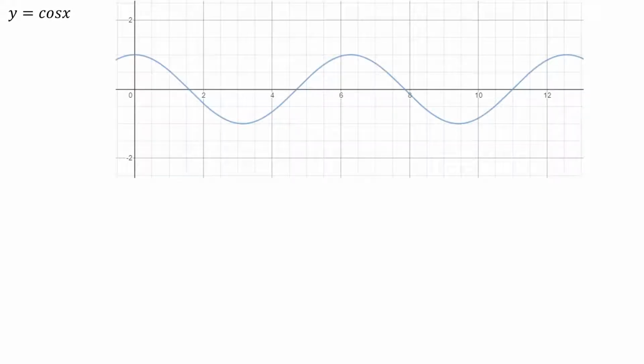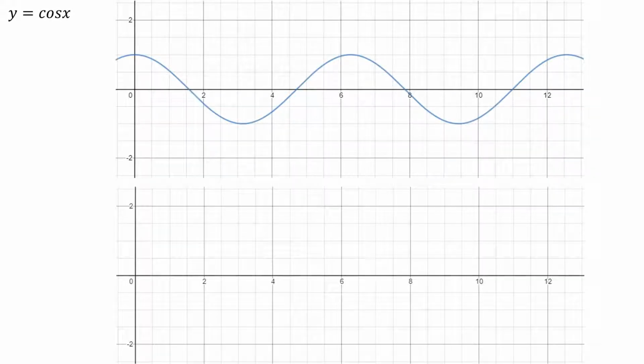Now what if I start with cosine? Well, again, at 0 radians, cosine has a value of positive 1, right? Cosine starts at the maximum. Well, looks like the slope is 0, negative 1, 0, positive 1, 0.